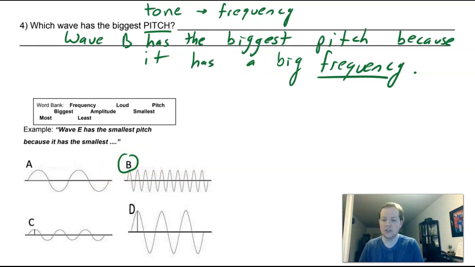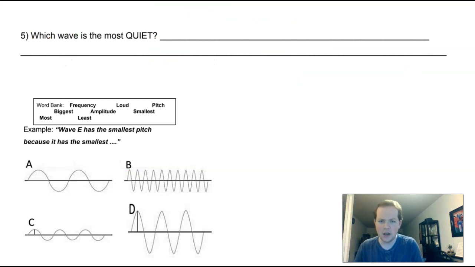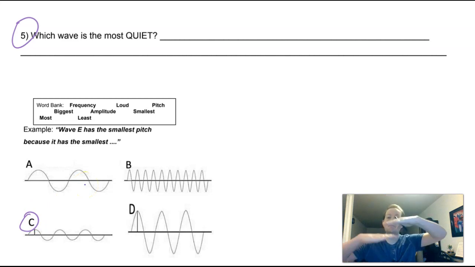Okay, almost done. 2 more questions. What color haven't I used? Ooh, purple. Okay, 5. Which wave is the most quiet? A, B, C, or D? What do you think? The answer is C, because loudness is amplitude. If it's quiet, we want a small amplitude.